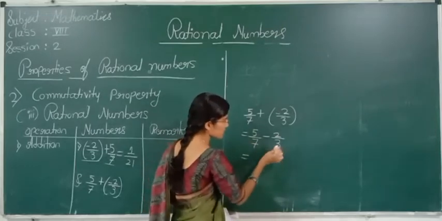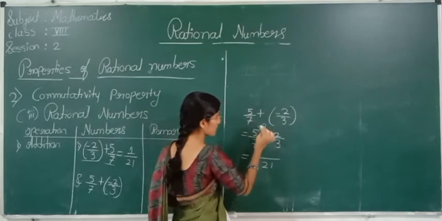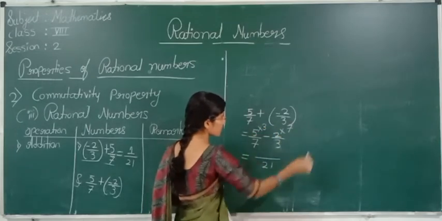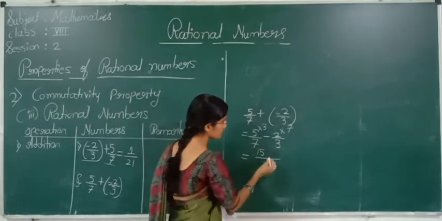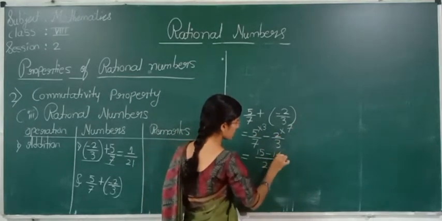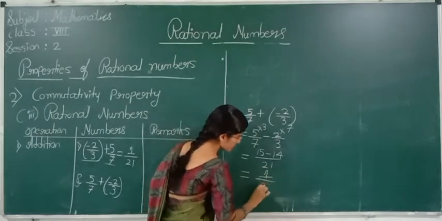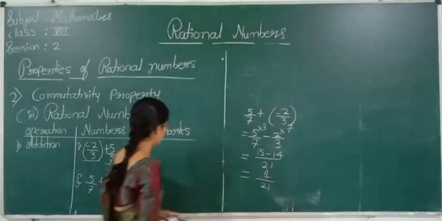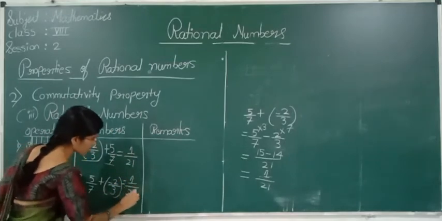LCM of 7 and 3 is 21. 7 3s are 21, 3 7s are 21. 5 3s are 15, 7 2s are 14. 15 minus 14 is 1 by 21. Here the answer is 1 by 21.